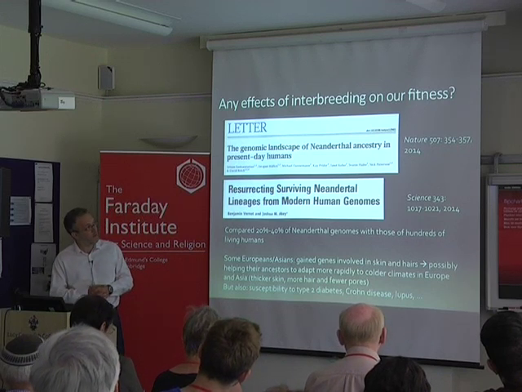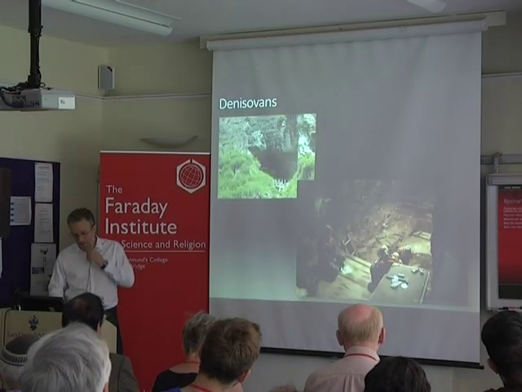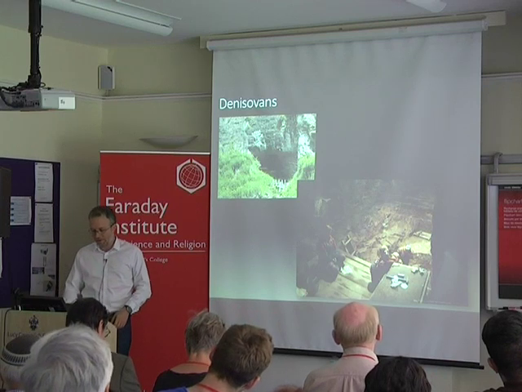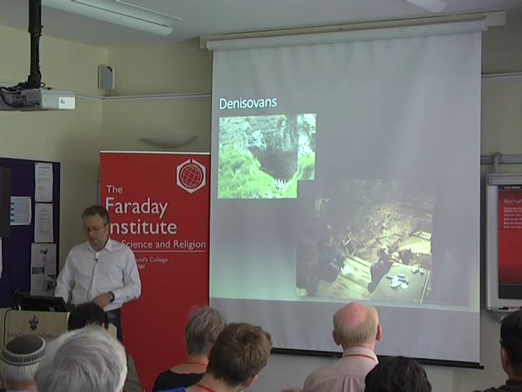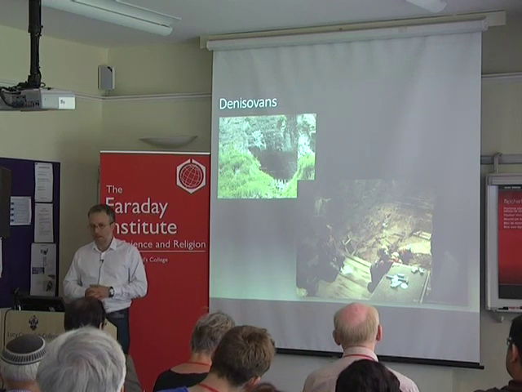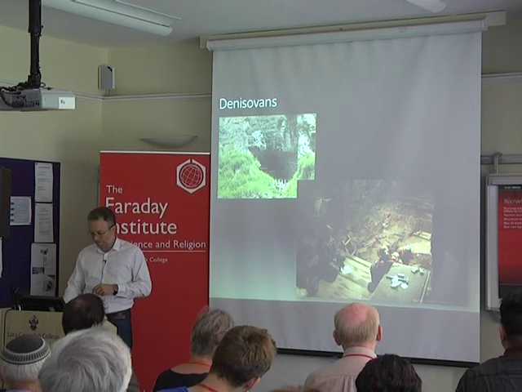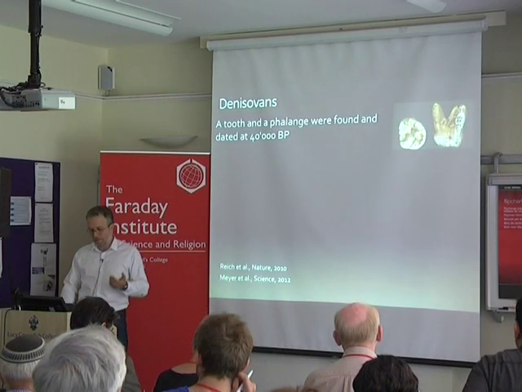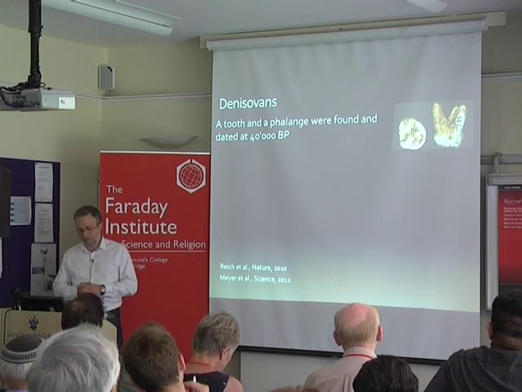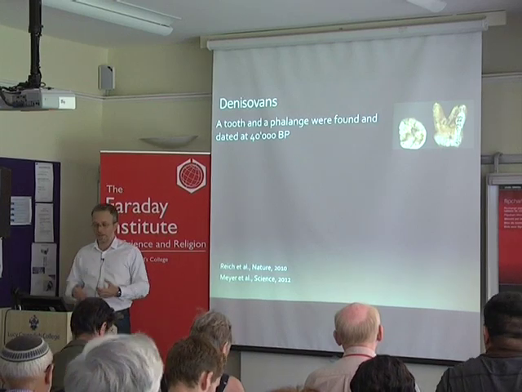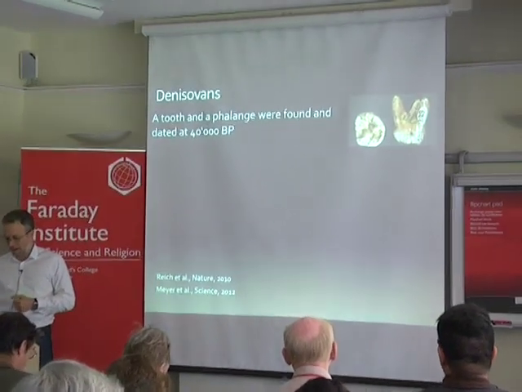This type of finding. Another immensely interesting discovery was the Denisovans. We found remains of these unknown humans in a cave in Siberia in 2010. A tooth and a phalange were found, dated back about 40,000 years, and the DNA was extracted and sequenced.